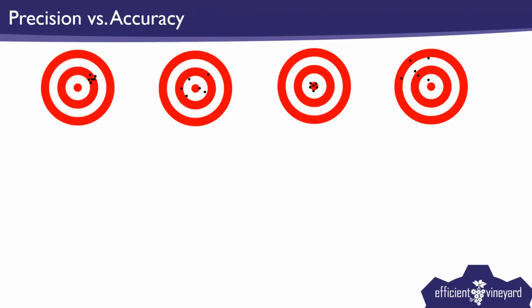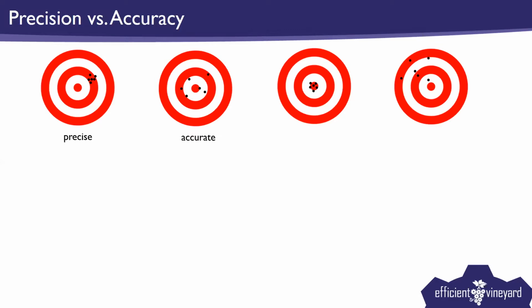Okay, so a little surveying 101 here, which is really important to understand. It's called precision viticulture. There's a real difference between precision and accuracy. So the first bullseye you're seeing on your left, that's a tight cluster. That's precise. You can have precision without necessarily being accurate, and you can also have accuracy without necessarily being precise.